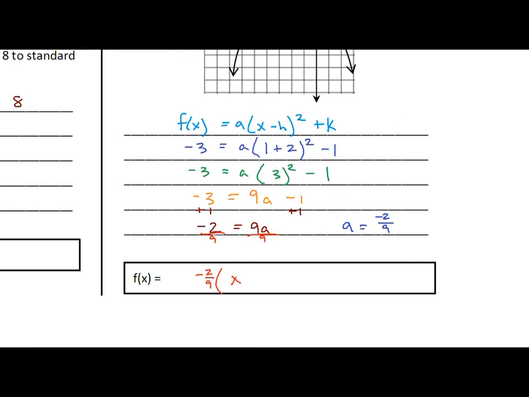Our h value was -2, so that changes to +2 squared, and our k value was -1. And that is our final solution. Again, if you want to just see how this plays out, there's our a, there's our h, and there is our k value. All right, we are done with question number 30.